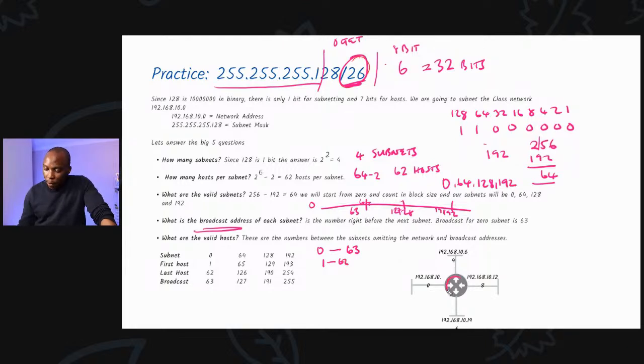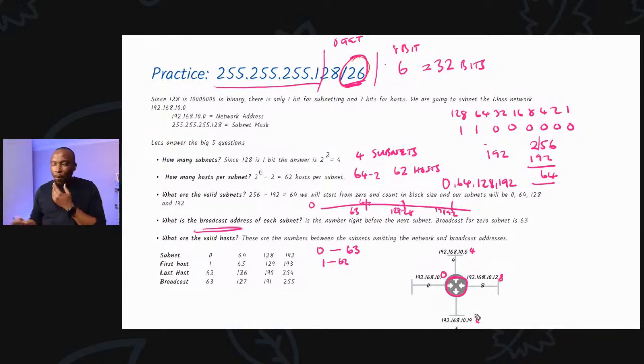So if we were to subdivide our network and break it down into 4 parts, and you're then going to create a network diagram, it's going to look something like this. The first network is 192.168.10.0, then 10.64, 10.128, 10.192. That's how our networks are going to increase.